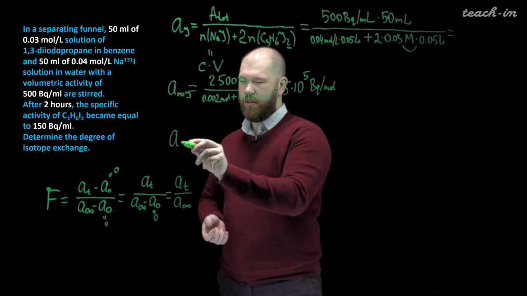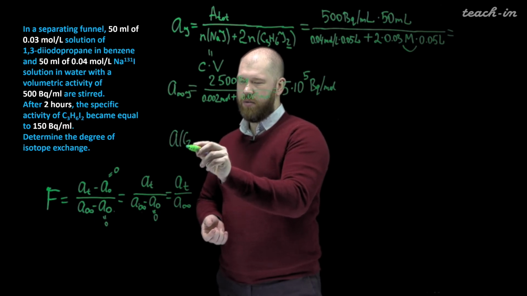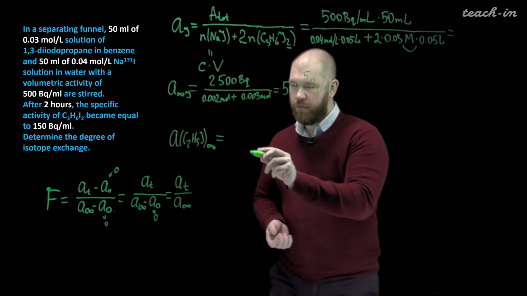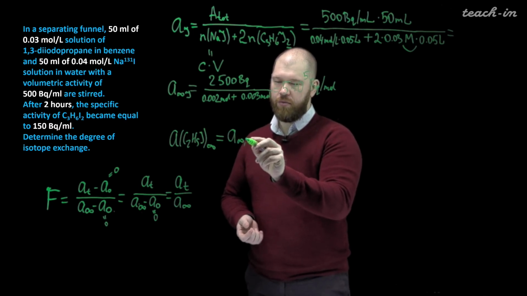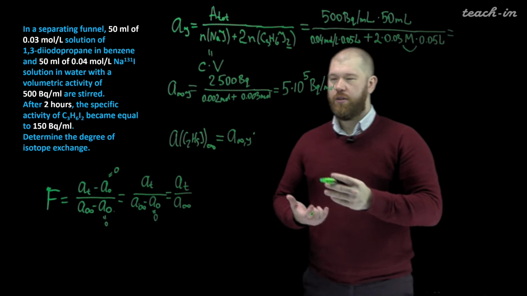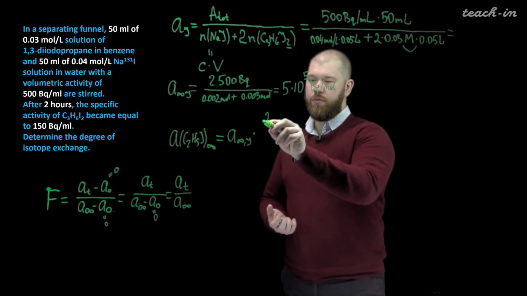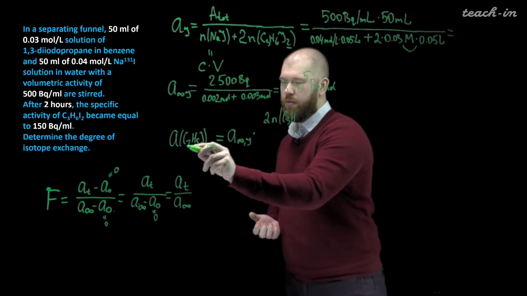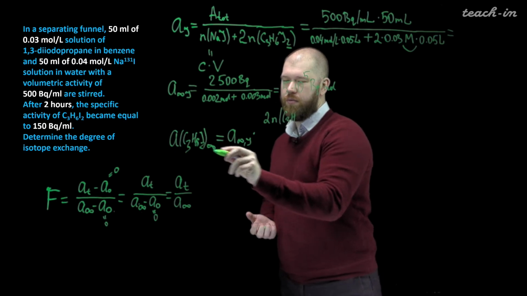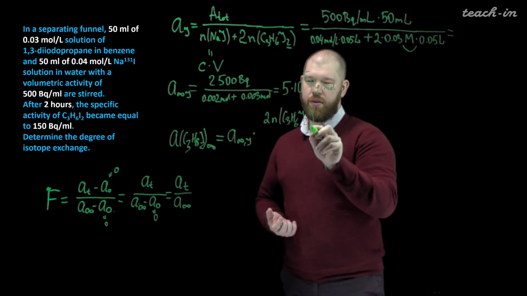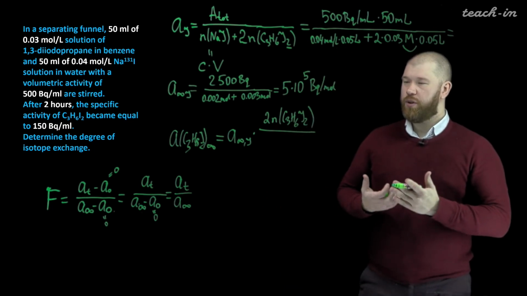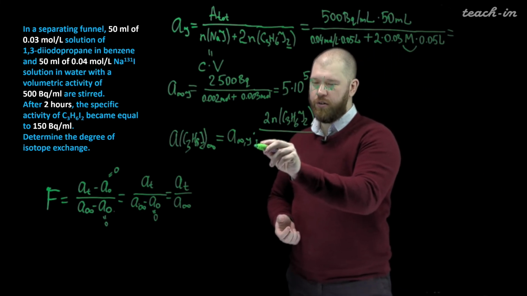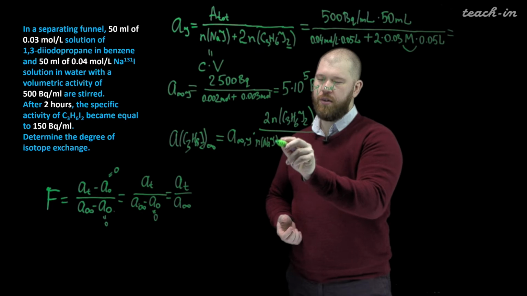So I will express it as at equilibrium: the specific activity of iodine atoms multiplied by the number of iodine atoms in our organic compound divided by the total number of iodine atoms in the system.